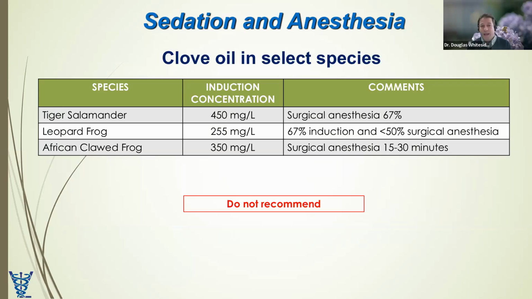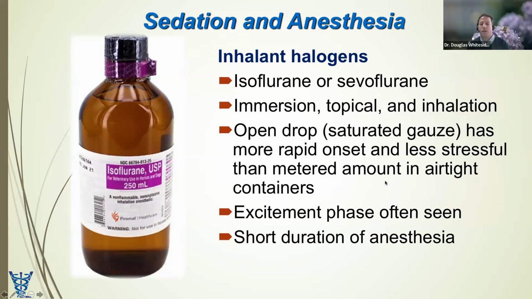So moving on to our inhalant anesthetics, we can use things like isoflurane or sevoflurane, and we can use these in a variety of different ways. We can use them as immersions, so basically creating a bath with that isoflurane or sevoflurane, topically, or inhaled. What I've found is that open drop with a saturated gauze has the most rapid onset and is less stressful than metered amounts in airtight containers.